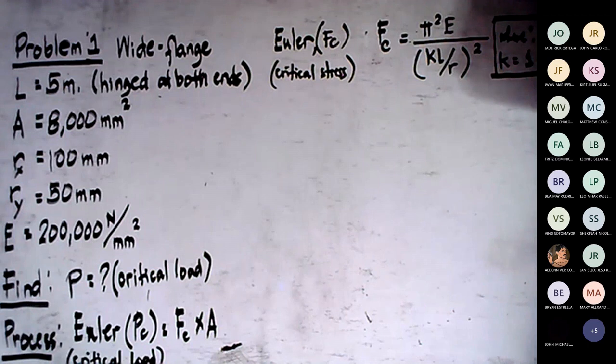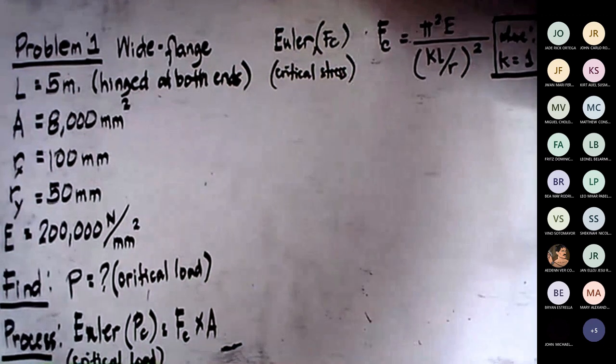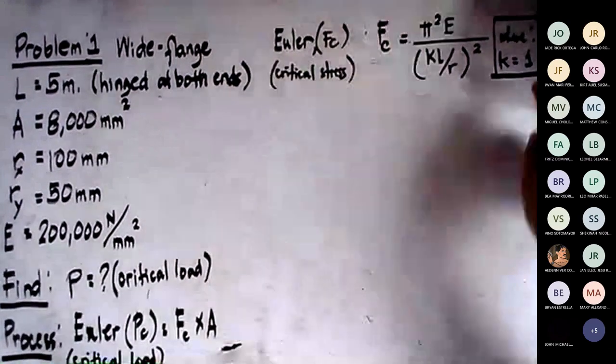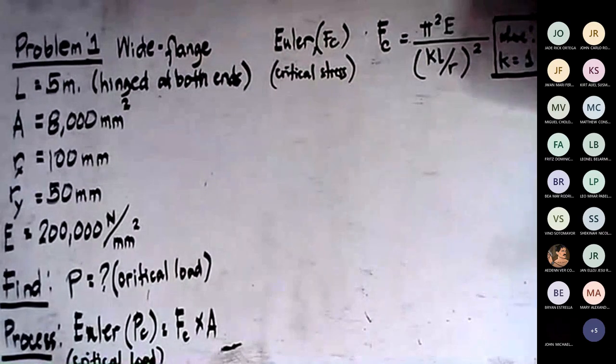But if the end condition is free to rotate at one end, but it is fixed against rotation and translation at the other end, then we can have the value of 0.7. So for hinge, if both ends are hinged, we have the effective length factor K equal to 1.0.